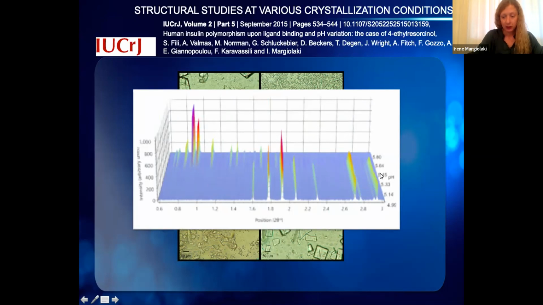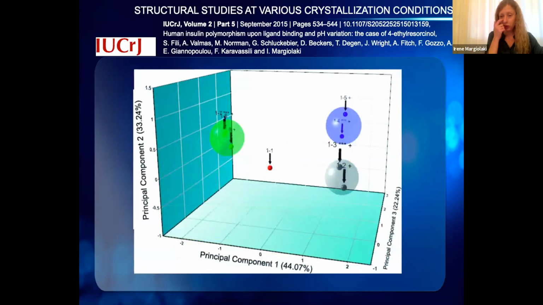One way to treat hundreds and thousands of data sets without too much effort or any knowledge of crystallography is cluster analysis. You import all your data, and there are several mathematical models to cluster the data based on their similarities. This is what we did.